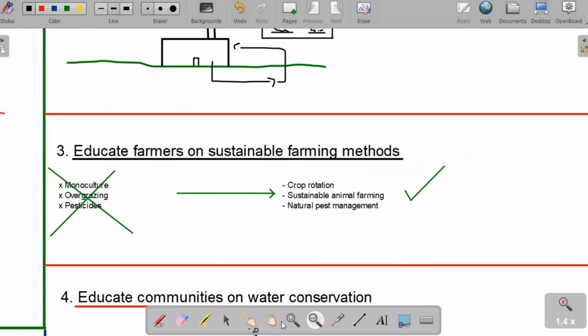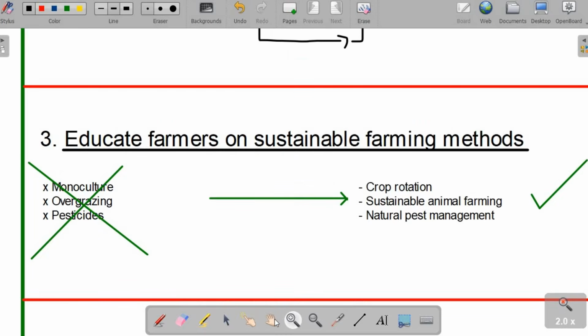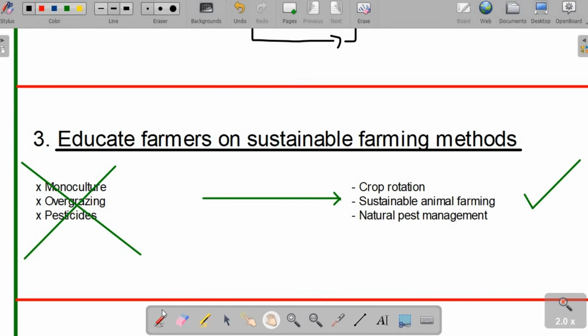Farmers perform a lot of activities that pollute our river systems, such as monoculture. Monoculture is planting the same type of crop season after season, year after year. The disadvantage of planting the same type of crop is that the soil is depleted of some nutrients.